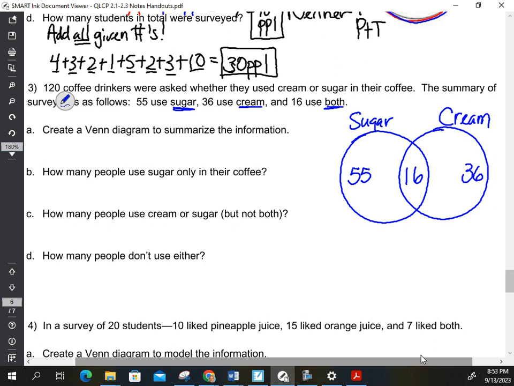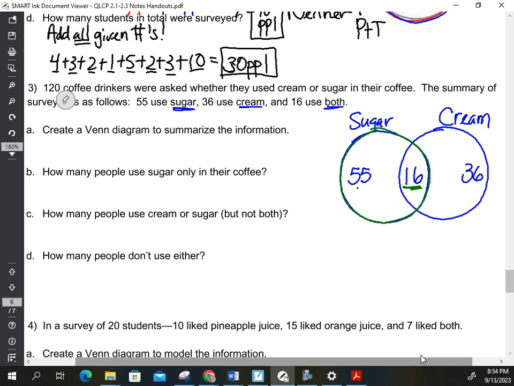Now, here's why it's wrong. If you just look at the circle that's sugar, you have 55 and you have 16. Well, guess what? 55 and 16 adds up to 71. 71 people did not say that they use sugar. 55 did. 16 of them just so happened to also use cream. So sugar can only add up to 55.